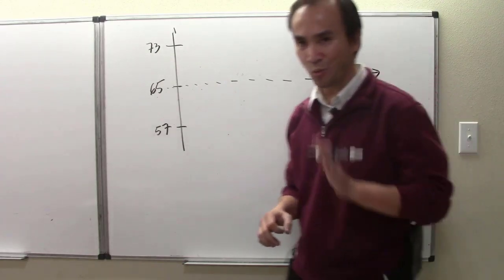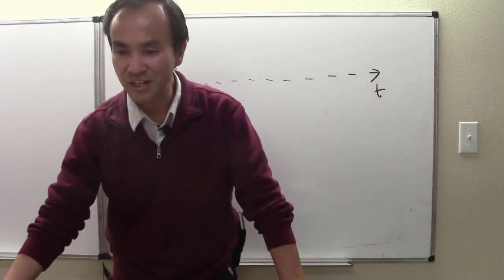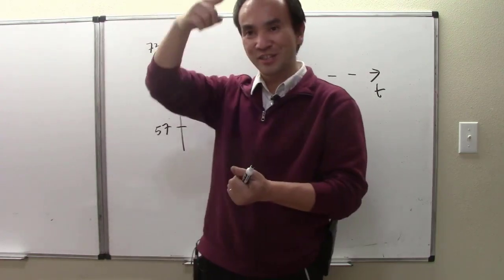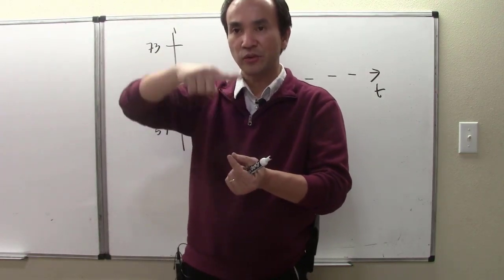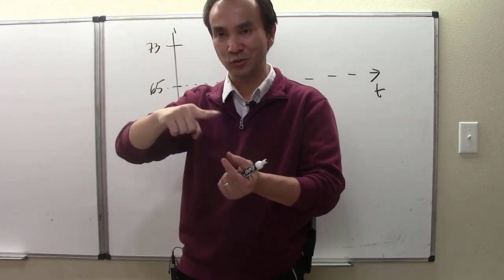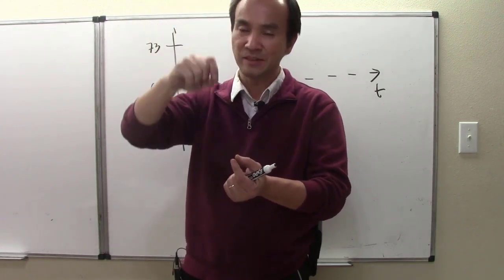One more time, let's look back at the wording of the problem. We know that the high of 73 degrees occurs at 5 p.m., and nothing else, no other information was given. But we know how temperature behaves: it's rising and dropping, rising and dropping throughout the day. So throughout the day, at some point it hits high, some other point it hits low.